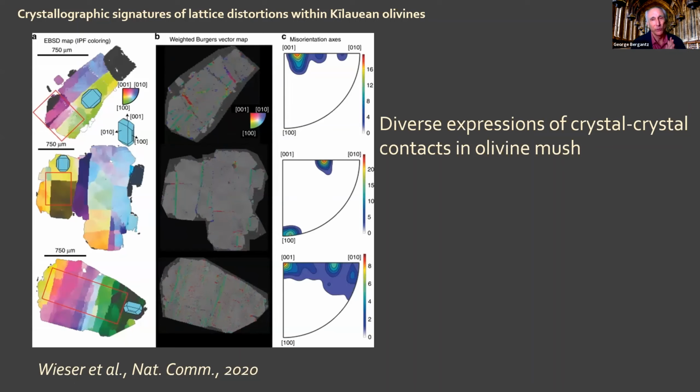Well, this is a really nice paper by Penny and her co-authors that came out last year, doing EBSD on lattice distortions within Kilauea olivines. They proposed that, in fact, the memory of particle-particle contacts is preserved within these olivines and can be revealed by doing EBSD measurements.